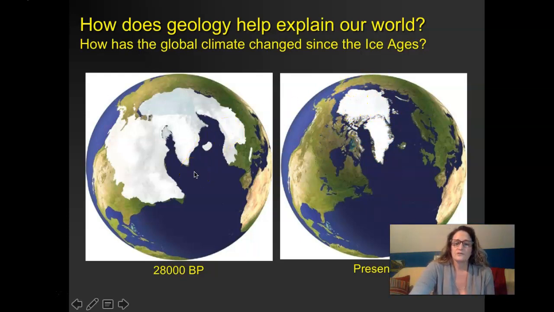On the left, notice that Northern Europe, Russia, Canada, and into Northern United States, we had ice at 28,000 years before present. The ice had been melting for the last 15 or 20,000 years to give us what we have today in the present day ice situation.